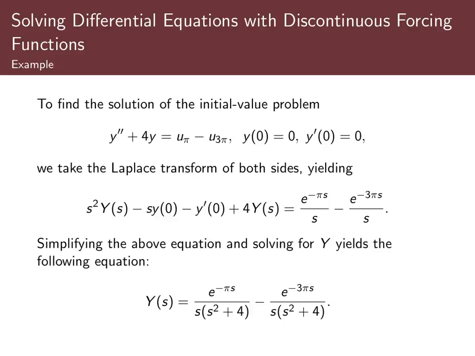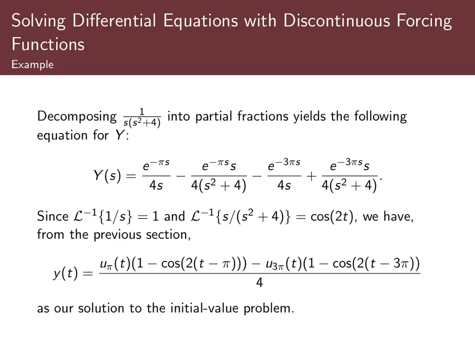The homogeneous initial values cause those two terms to go away, and so if we multiply both sides by 1/(s² + 4), we end up with this equation for capital Y.